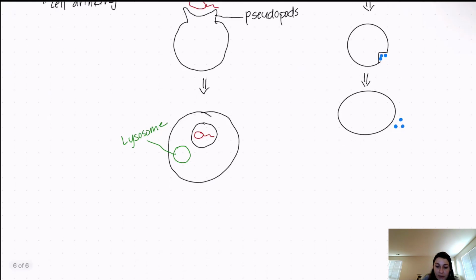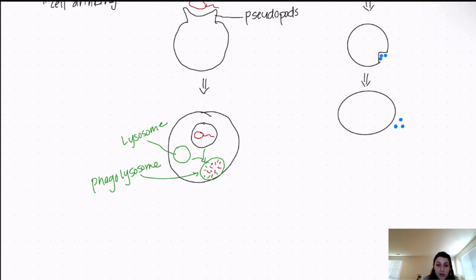And so that lysosome will join with that vesicle containing my bacteria, and it forms what's called the phagolysosome. What happens is that little red bacteria gets broken up into teeny tiny pieces, because in the lysosome, there are all these digestive enzymes. That's these little green guys I'm drawing. Digestive enzymes, they just break everything up.